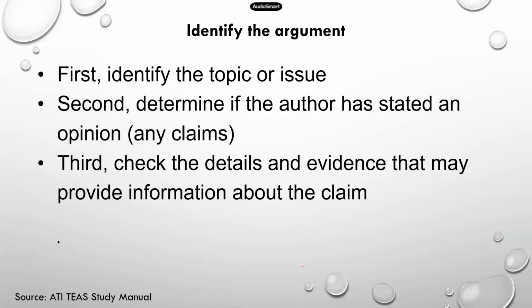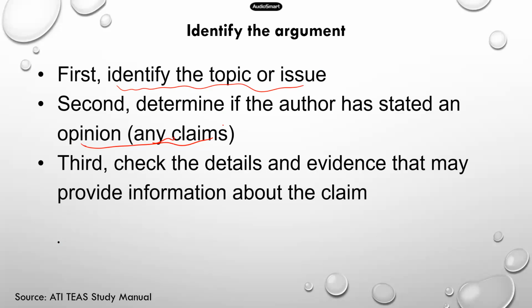All right. Now, this is just kind of a general step on how to identify the argument. So first, you have to identify the topic or issue. Right? So the topic could be about sugar, right? Debate on whether sugar is good or bad for the health. Second, determine if the author has stated an opinion, which is a claim.